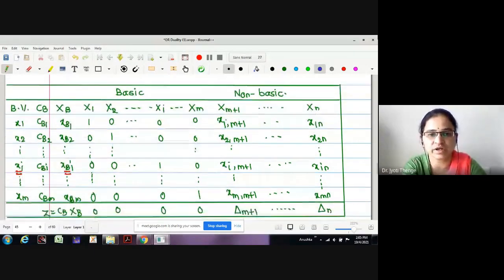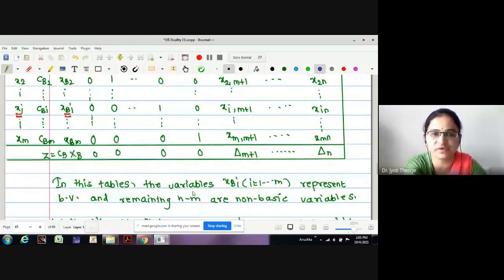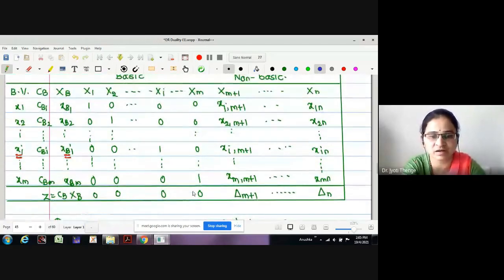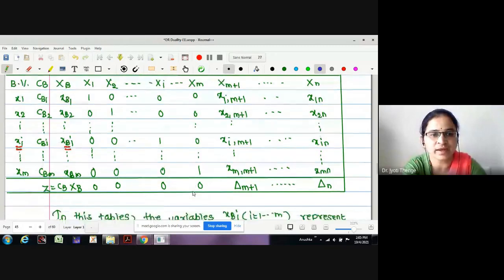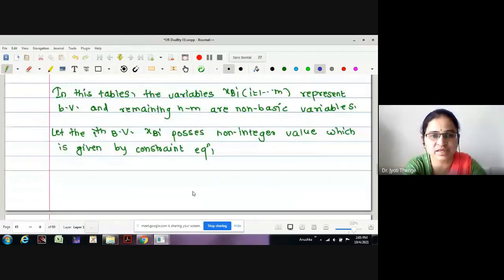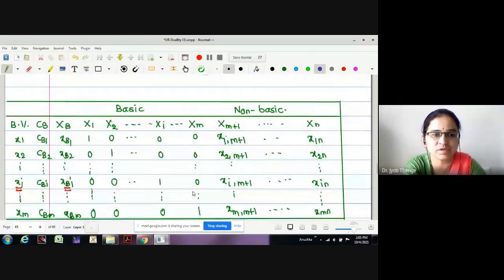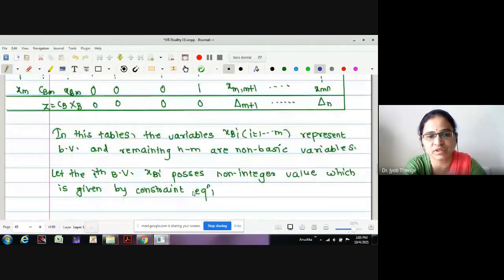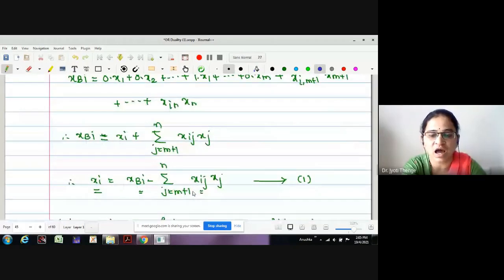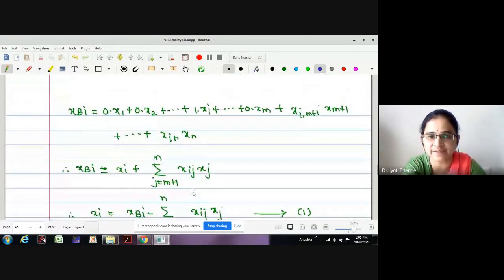This is the optimal simplex table we have for a general standard linear programming problem. Knowing the values of the variables xBi, we want the values of all these variables xB1, xB2 to xBm to be integer valued. For this, we have written the equation for the ith basic variable, that is xBi.